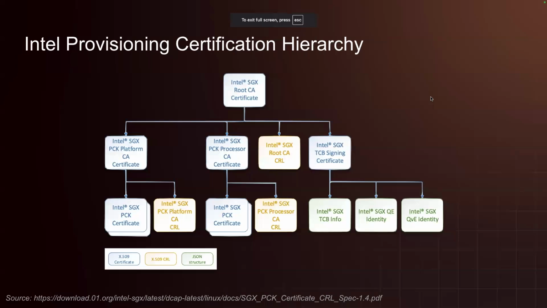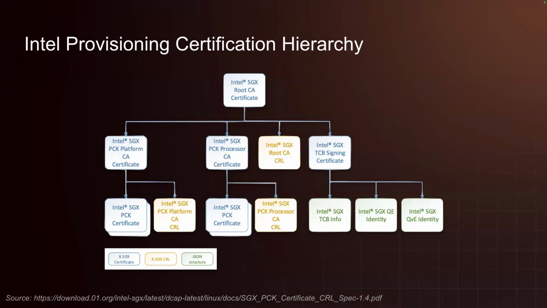The collaterals include things like the root certificate that Intel uses to issue all the different intermediate CAs, and finally sign off on the provisioning keys that are being embedded in the CPU.